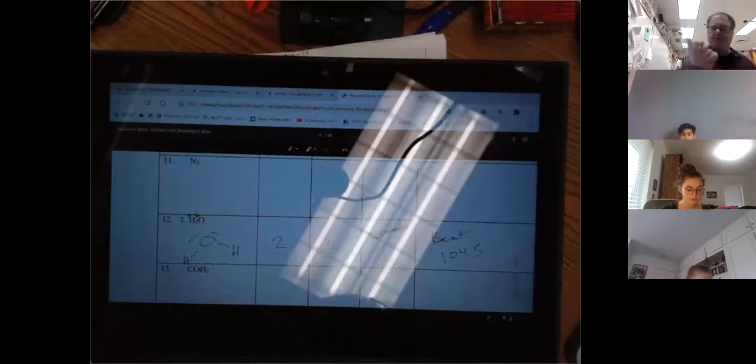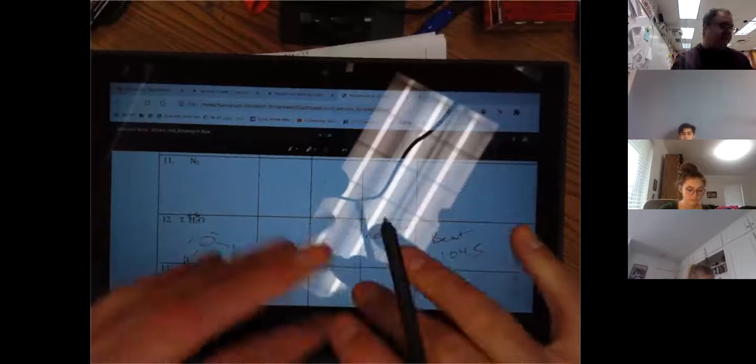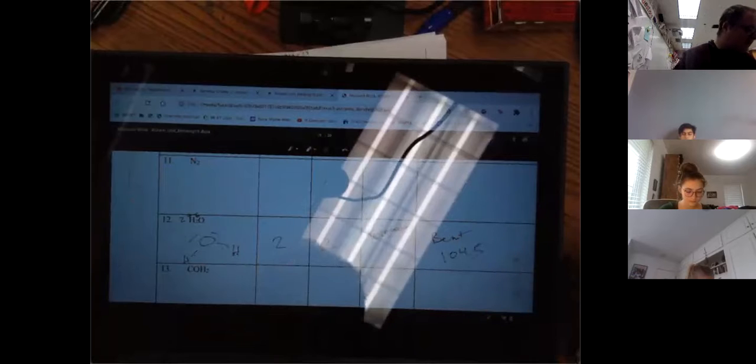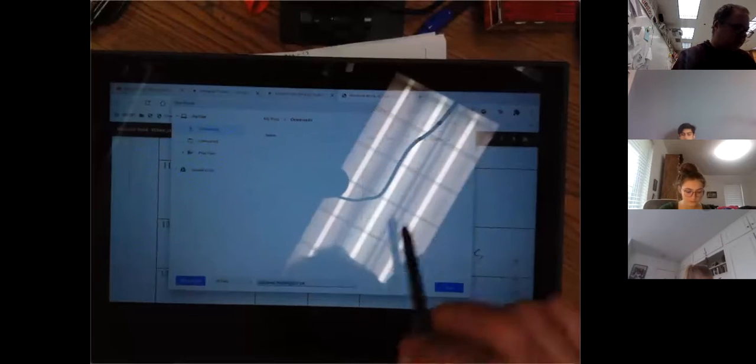If you do have a printer, you're more than welcome to print it out and do that. Then you would go back to where you downloaded the quiz from, and there'll be a submit button there. You can just submit this file, and then it's done. Make sure you take the edited one.